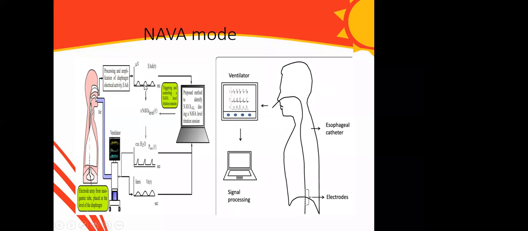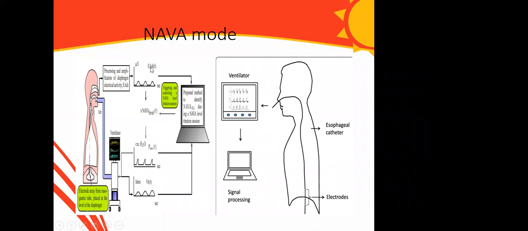It then processes it from the electrode to your microprocessor on the ventilator, and this is what determines the kind of support that the ventilator will give to the patient. So it's known as neurally adjusted ventilatory assist mode.